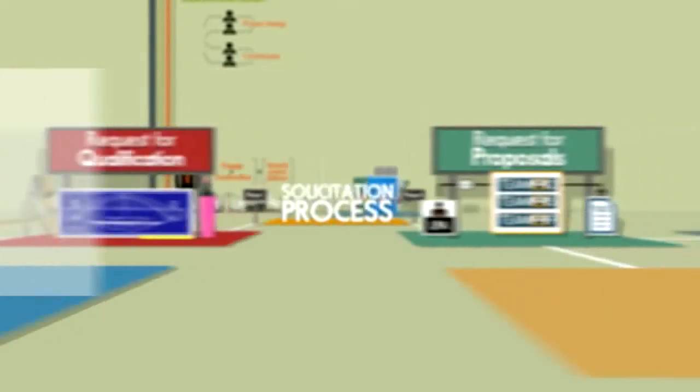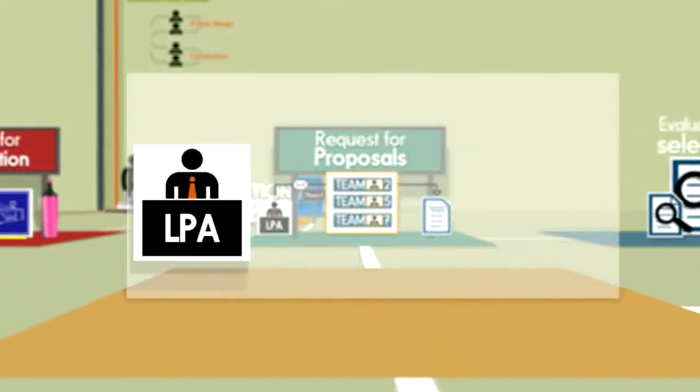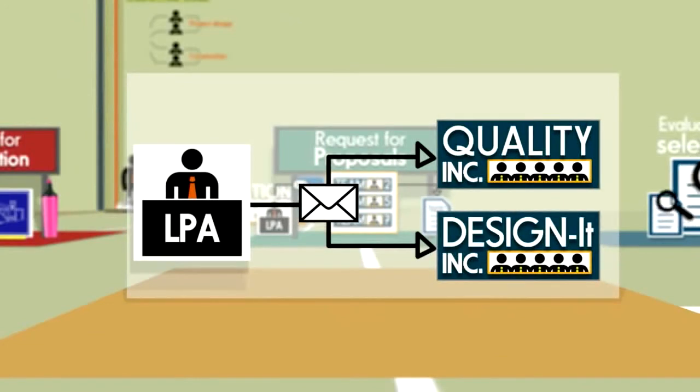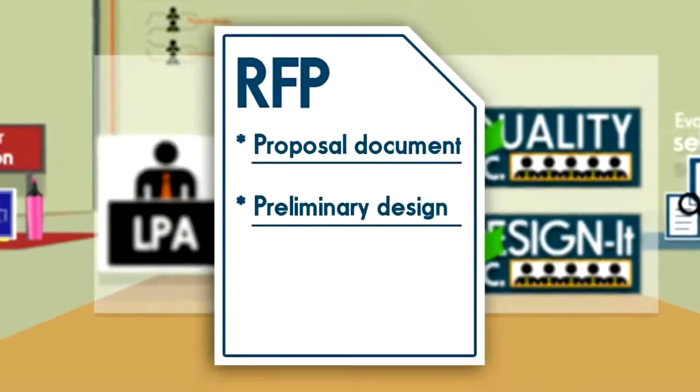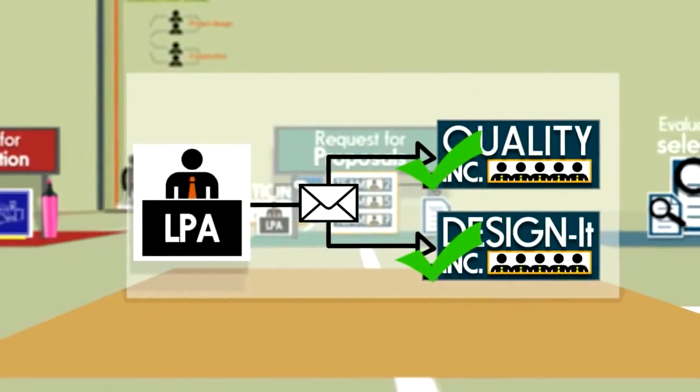During Phase 2 of the design-build solicitation process, Hometown LPA prepares and issues a request for proposal, or RFP, that goes to the list of eligible teams, in our case, Quality and Design It. The request package includes the proposal document and the preliminary design.